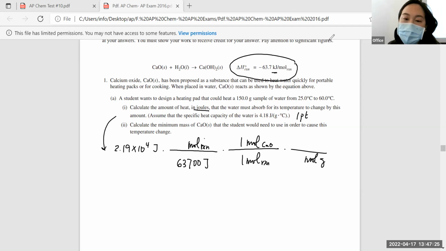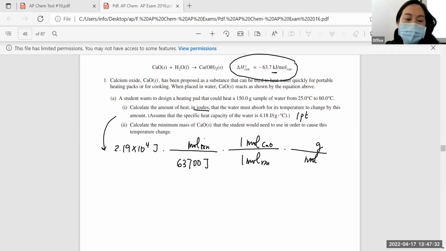Moles to grams. I don't know the molar mass of calcium oxide. Let me see. 56.